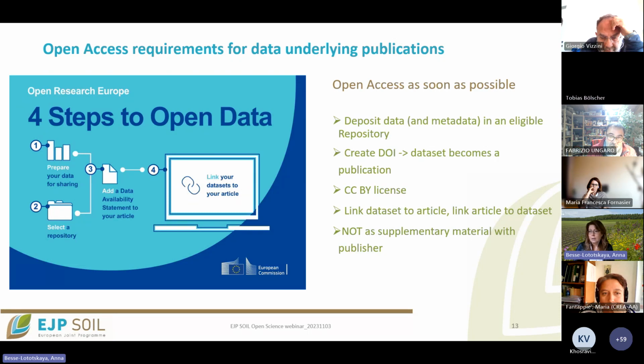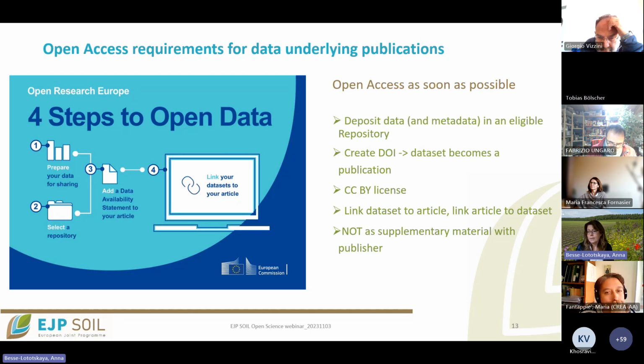And then you add a data availability statement to your article. And with that, you connect your article to the data and the data to the article. So both of them will have a DOI. That means that your data will also become a publication, which might also be very useful.